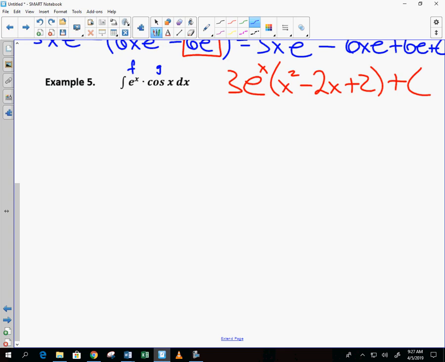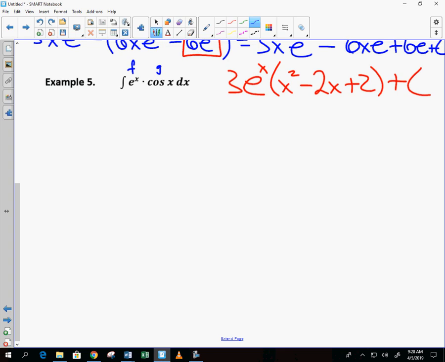This is interesting because in this situation, you know the antiderivative of each, and you know the derivative of each, right? Do I have one that eventually goes away? I don't. So this is going to be a little tricky for us, but very doable.